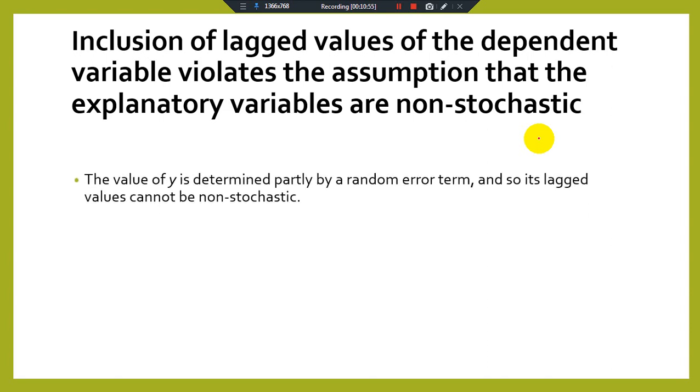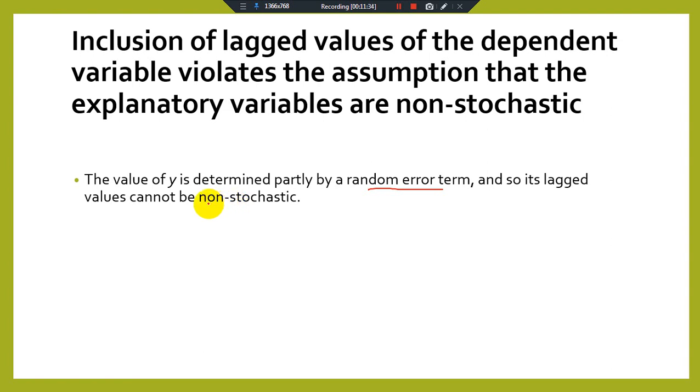As we know that y is determined partially by the error term, because most of the variation in the dependent variable is explained by our independent variable or explanatory variable. So the remaining part of the variation is explained by our random error term, and we suppose that our dependent variable is stochastic and our independent variables are non-stochastic, random or fixed.